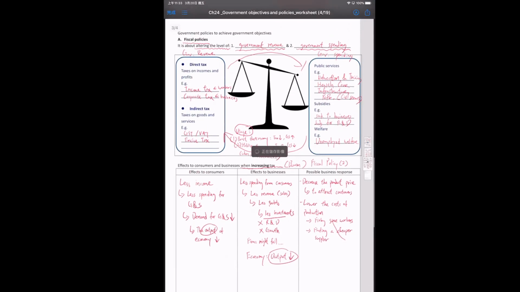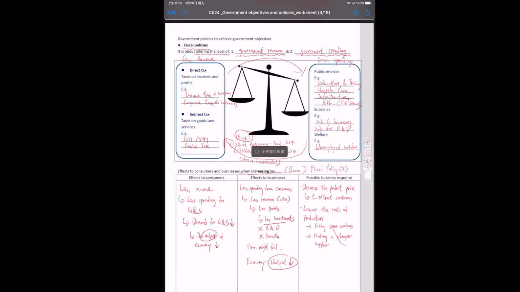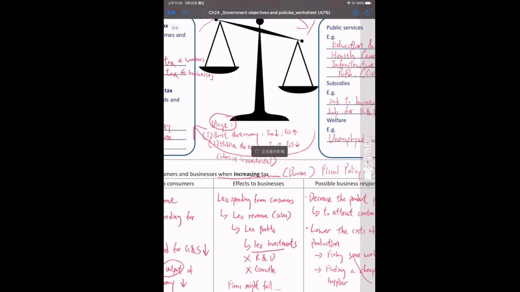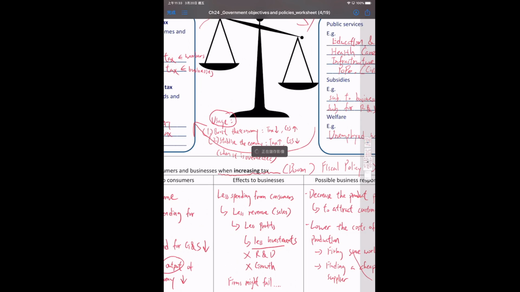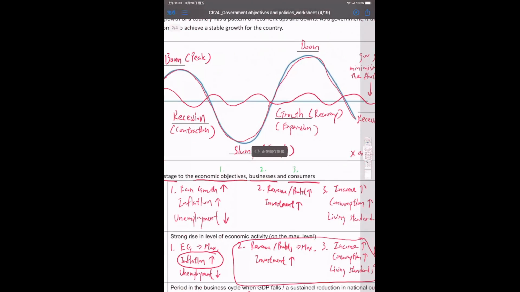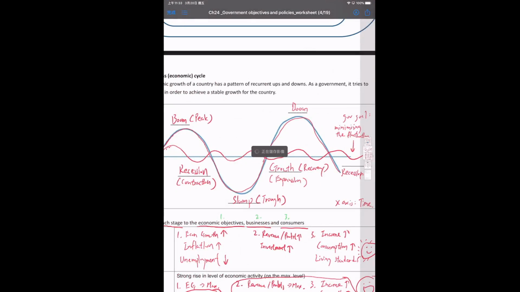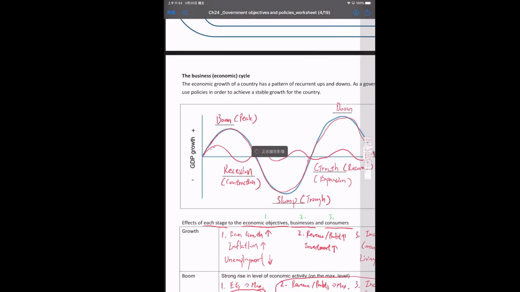That is one of the ways that government will always use to intervene in the market. We are trying to change the business cycle from the boom to somewhere lower. When you go back to your business cycle, boom is on the top of the cycle, and when you are on the top, inflation is too great.